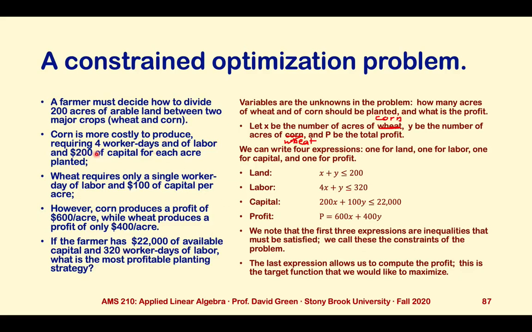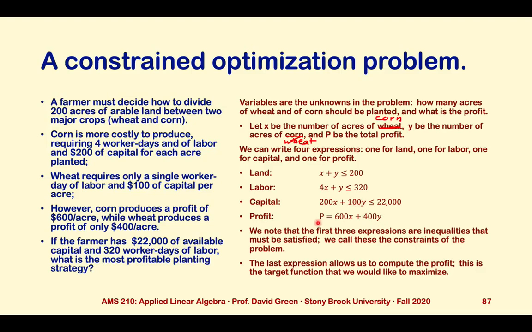Each acre of corn requires $200 of capital. Each acre of wheat requires $100. 200x plus 100y has to be less than or equal to 22,000, the total available capital. The profit would be $600 per acre of corn plus $400 per acre of wheat, 600x plus 400y.